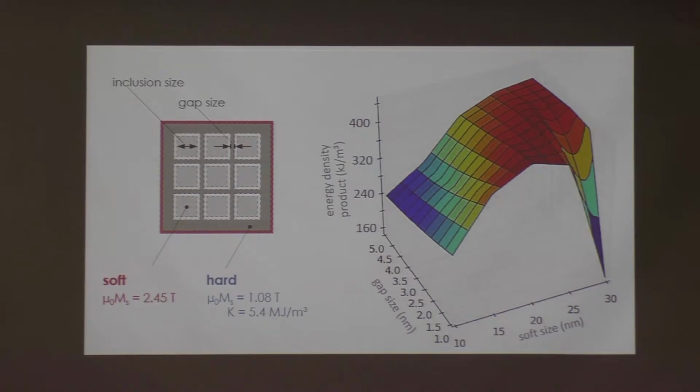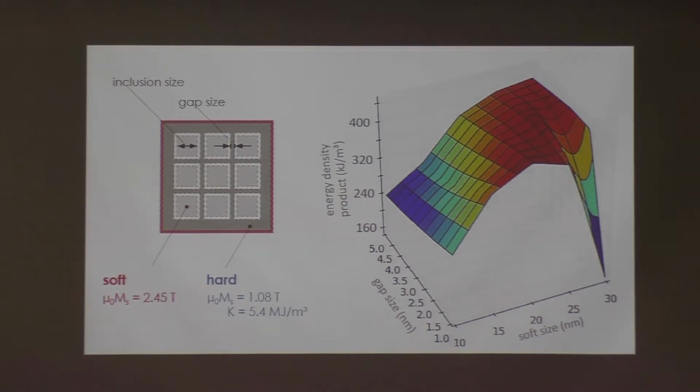And so from these simulations, we conclude that a soft phase of about 20 nanometers and a hard magnetic layer in between the soft inclusions with a thickness of about 2.5 nanometers will maximize our energy density product.